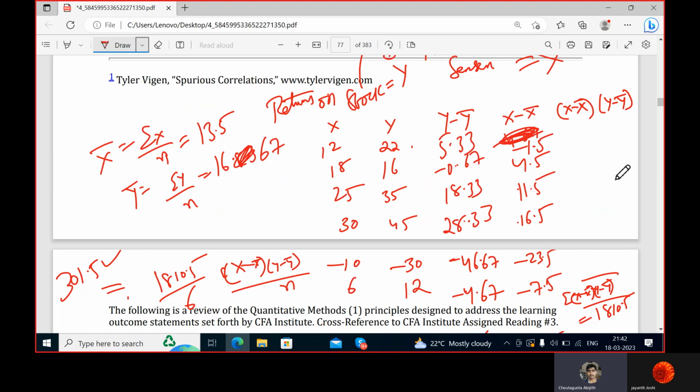Want me to calculate for X or Y? Both. We should do it for both. Isn't it so?